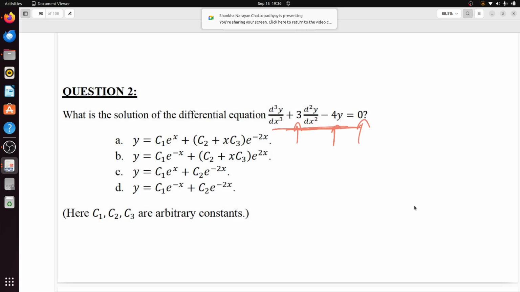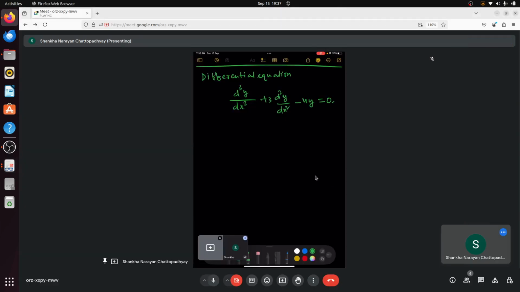So what is your differential equation? d cube y plus 3d square y minus 4y equal to x cube. We need to solve this.